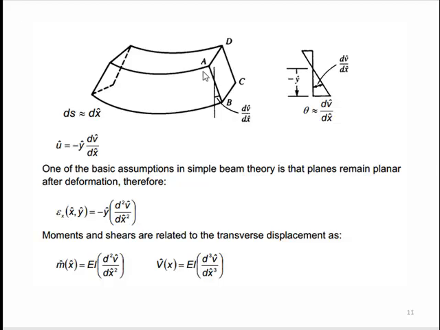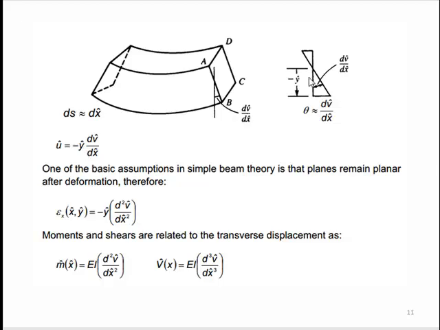And then we consider this set of triangles here, and this is the neutral axis. The distance between the neutral axis and this extreme fiber would be minus y, and this angle is dv by dx. So this theta is approximately equal to dv by dx, and displacement u would be equal to minus y times dv by dx.